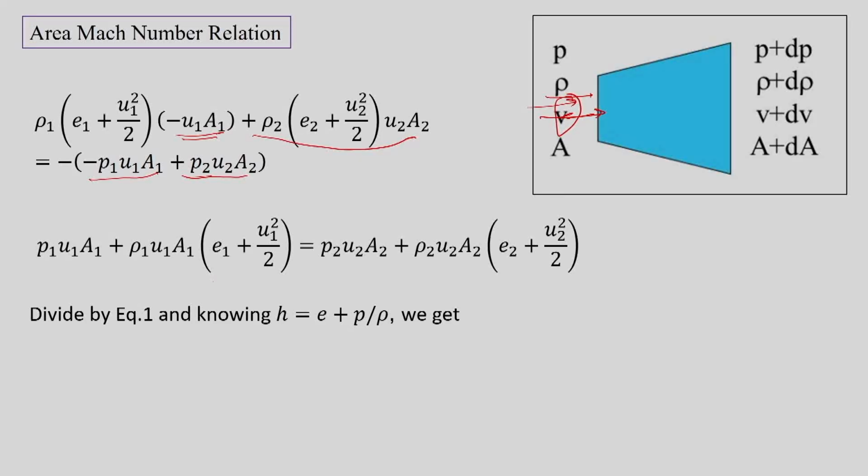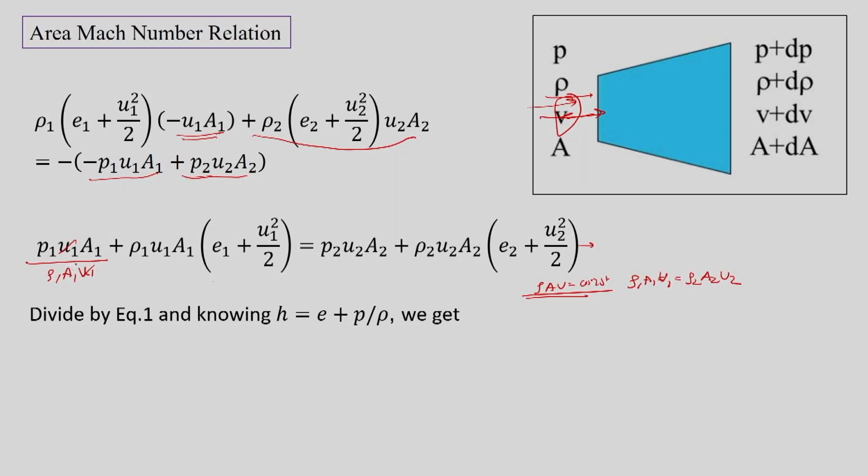Let us divide this by equation number 1, which says rho A u is equal to constant. So rho 1 A1 u1 is equal to rho 2 A2 u2, and we can divide the expression completely by rho 1 A1 u1.